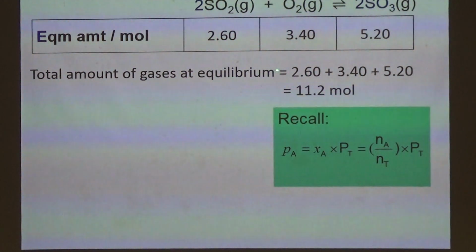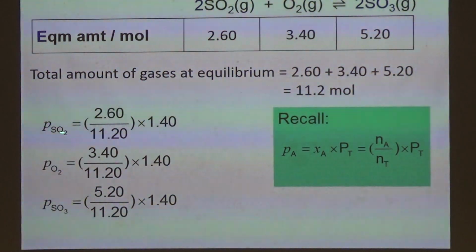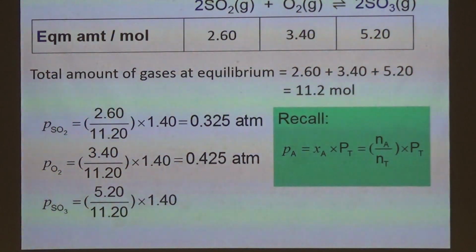So for the total amount of gas at equilibrium, you need to add them all up. You get 11.2 moles. So this is the total amount of gases. So the partial pressure of SO2 is the mole fraction times total pressure, O2 is mole fraction times total pressure, and mole fraction times total pressure for SO3 also. So you get 0.325 atm, 0.425 atm, and 0.650 atm. So these are the three partial pressures.